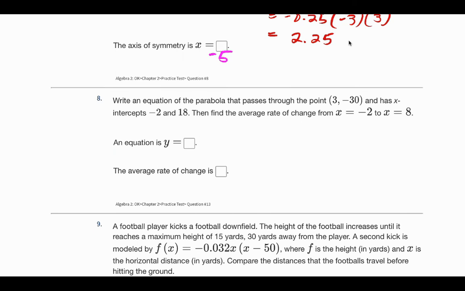So we are going to take those and we are going to say that y is equal to a, again, we're going to take our intercepts here and we're going to take the opposite sign when we're putting it in parentheses. So we're going to say x plus 2 and we're going to say x minus 18.